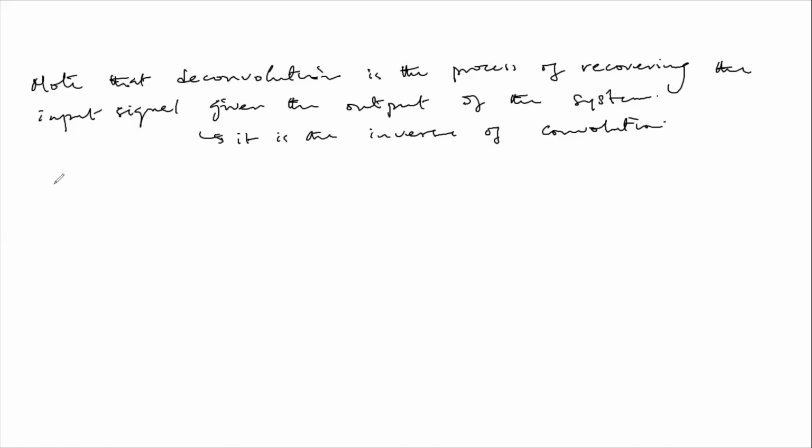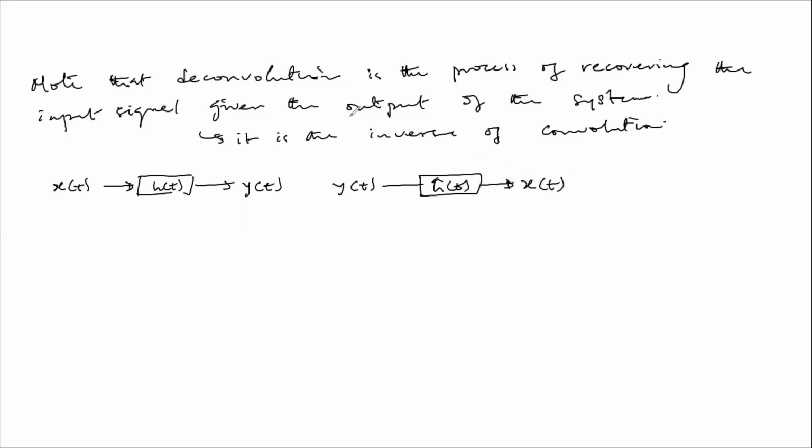Then, if we have a system, say S of t, for which h of t gives us the output, should the output y of t give us a response h hat of t, and then we are able to generate S of t.